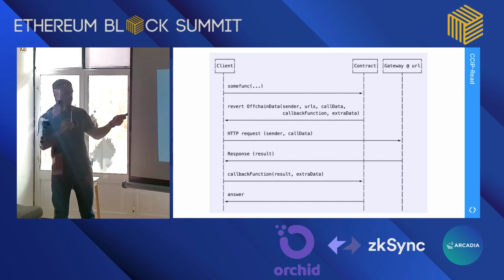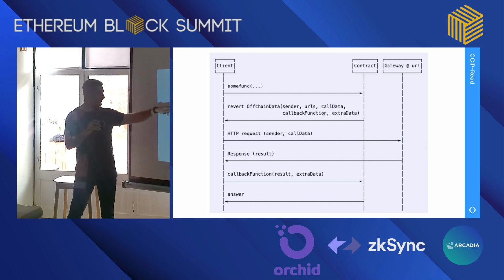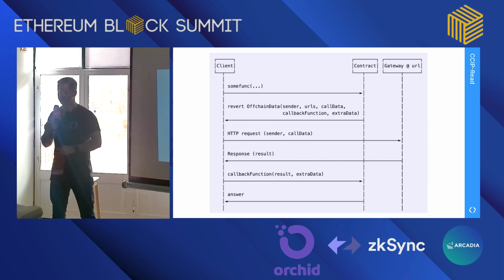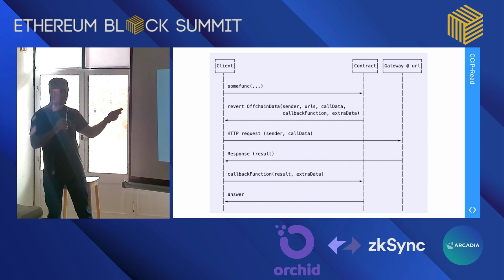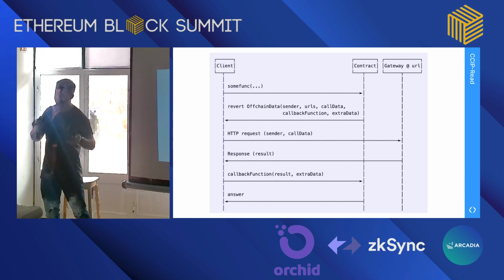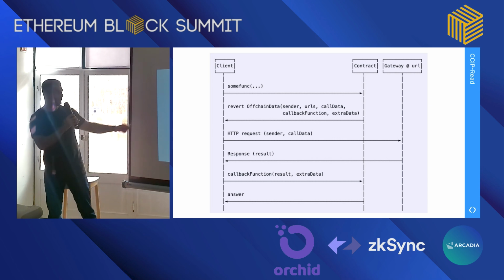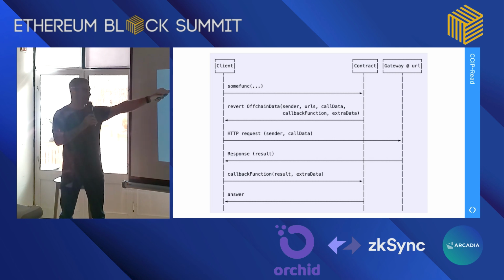But in our case, what we did is we used a feature of Solidity, after Solidity 0.6, I guess, which is custom errors. It's not really new. What we did is, we are asking the contract for some function. We are saying that we are looking for some data.